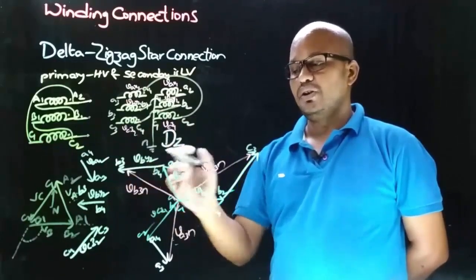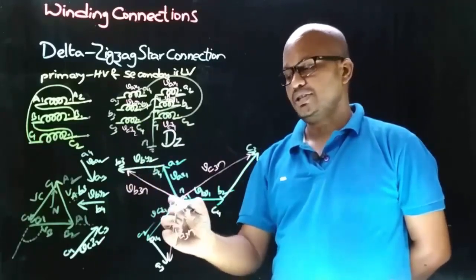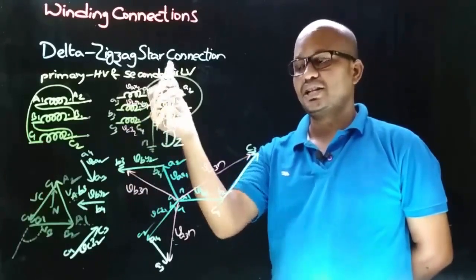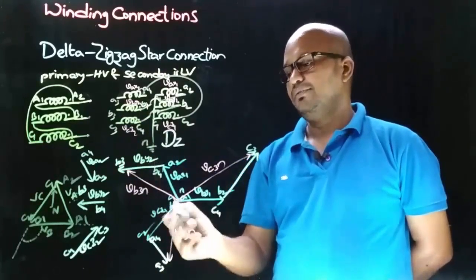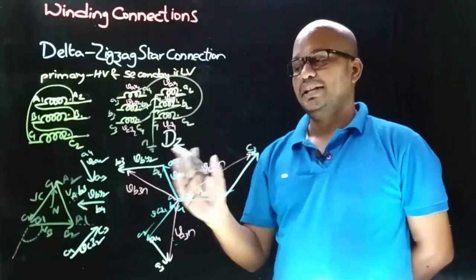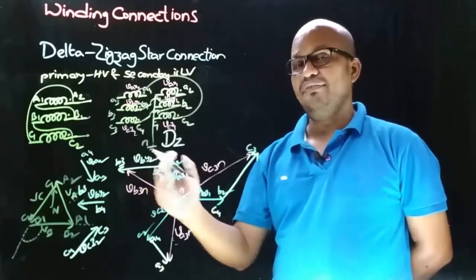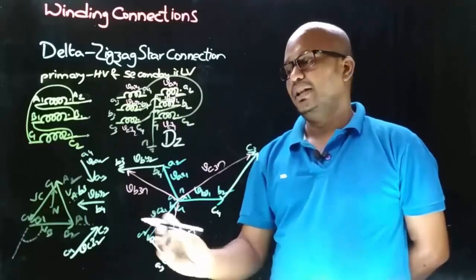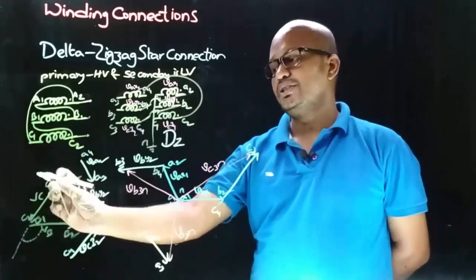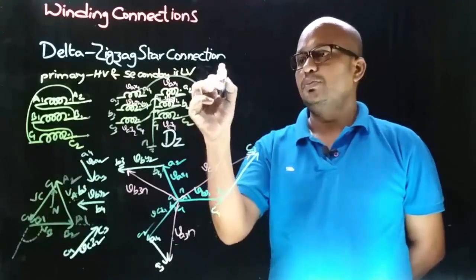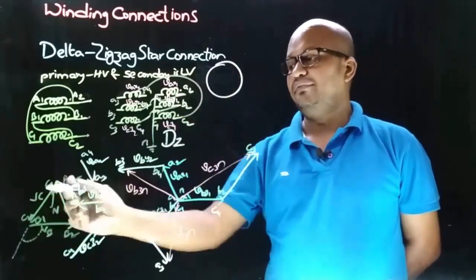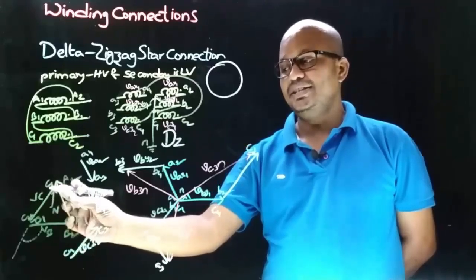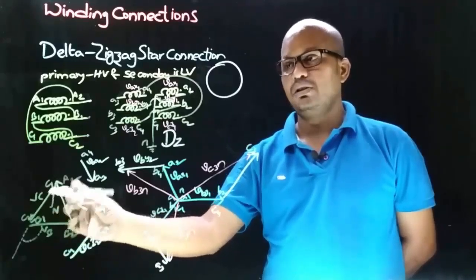And here on the LV side the phase to neutral voltage is VA3N, because the three phases of the zigzag star connection are VA3N, VB3N and VC3N, and here we are comparing the A phase. Therefore the LV side phase to neutral voltage is VA3N, and the HV side phase to neutral voltage is A to N. In vector groups, the HV side phase to neutral voltage is taken as reference, and that is indicated with the minute needle in a clock.